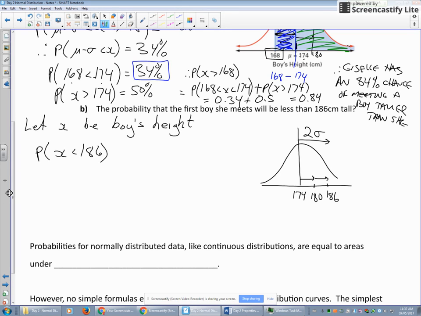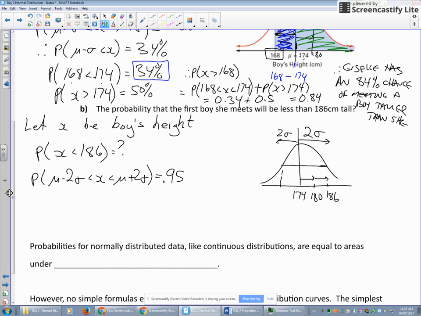So in this particular case, we know that from here down to here is two standard deviations. This is what we're trying to find. We know that our probability of being two standard deviations away, the mean subtract two standard deviations less than x less than the mean plus two standard deviations, we know that that's equal to 0.95, a 95% chance of that happening.